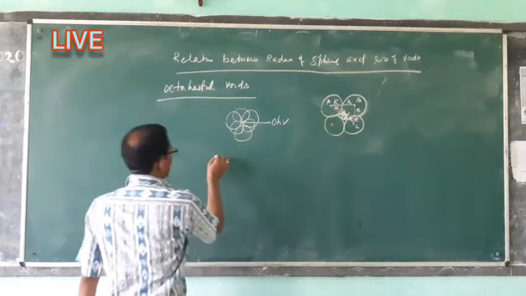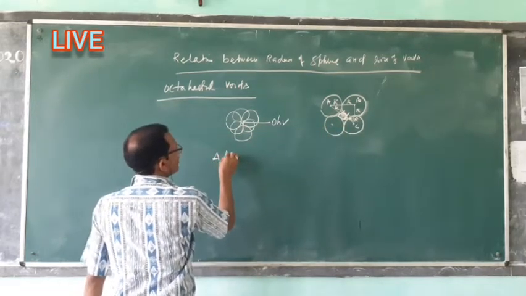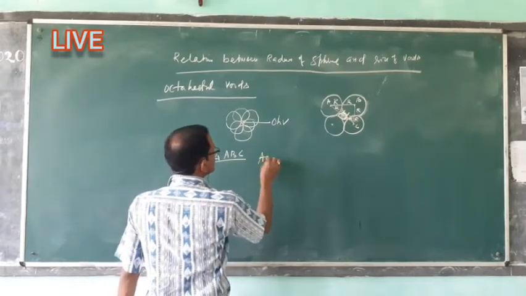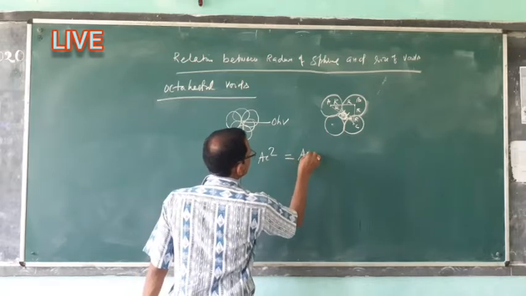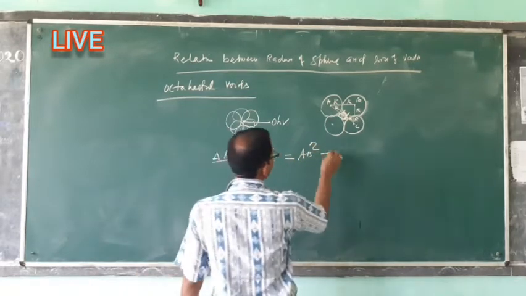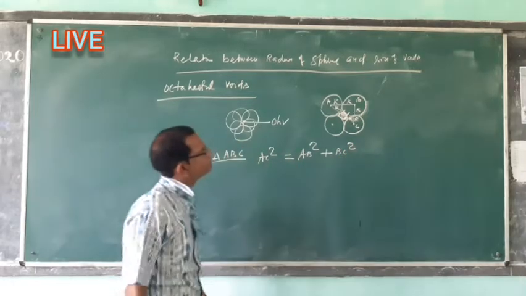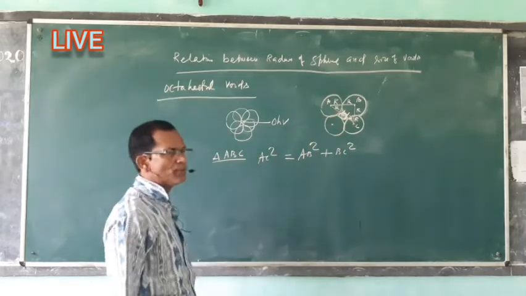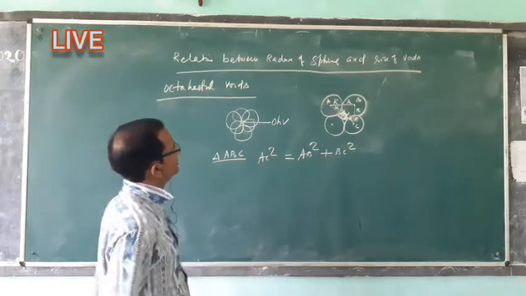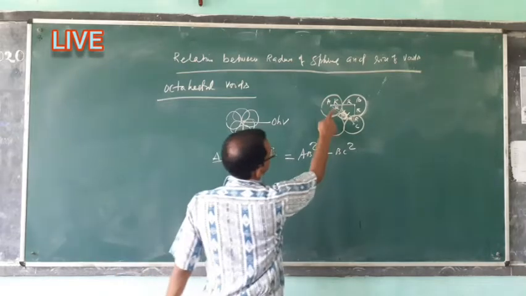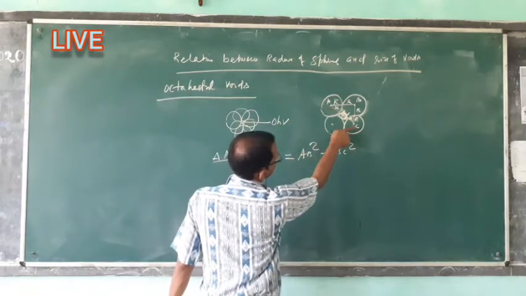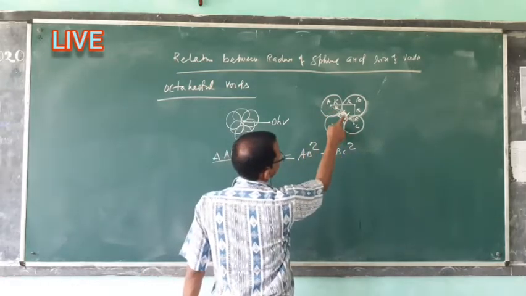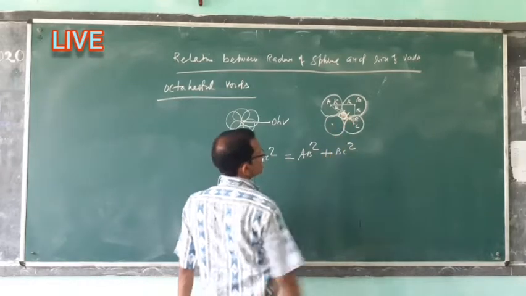So AC square in the triangle ABC, AC square is equal to AB square plus BC square. In AC, how many spheres are coming in close contact? Here three spheres. In AC, three spheres are coming in contact directly. First one, second one, that is the void, third one is the sphere.